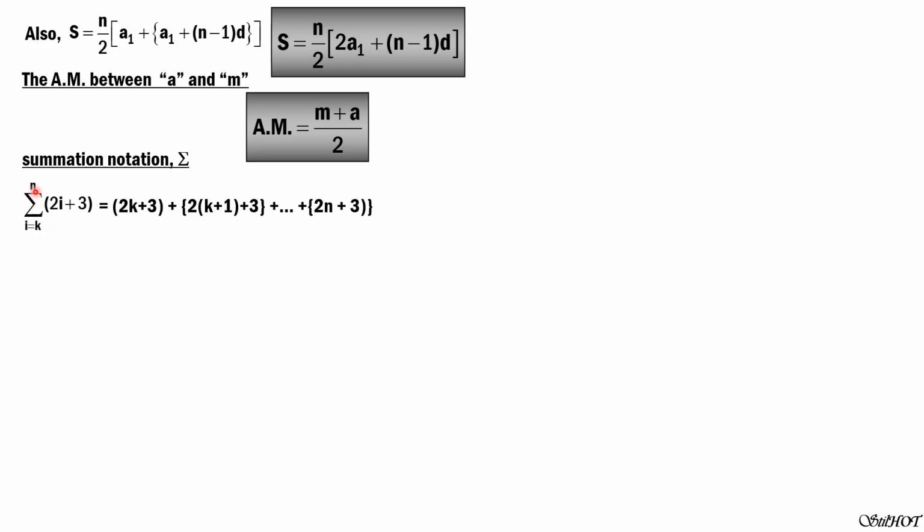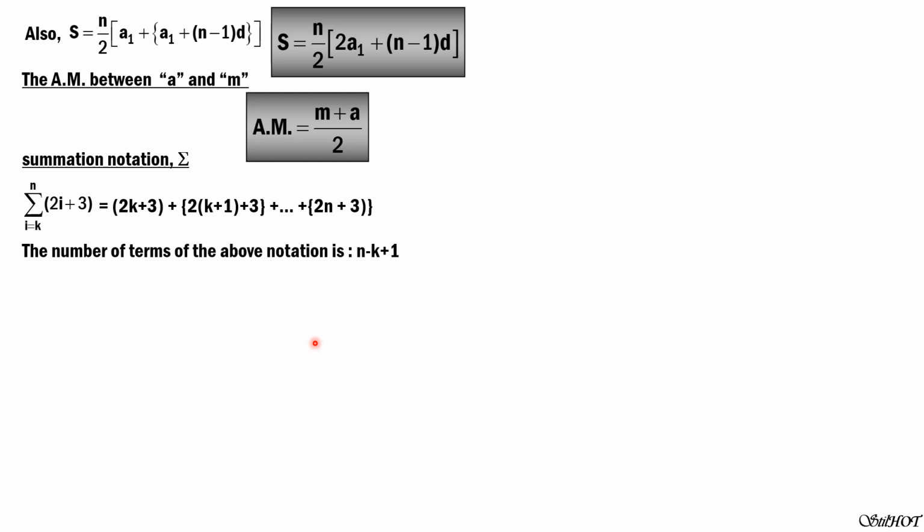So if we have 5 to 12, there will be 12 minus 5, 7, plus 1. There will be 8 terms for that case. So that's the number of terms of the above notation.